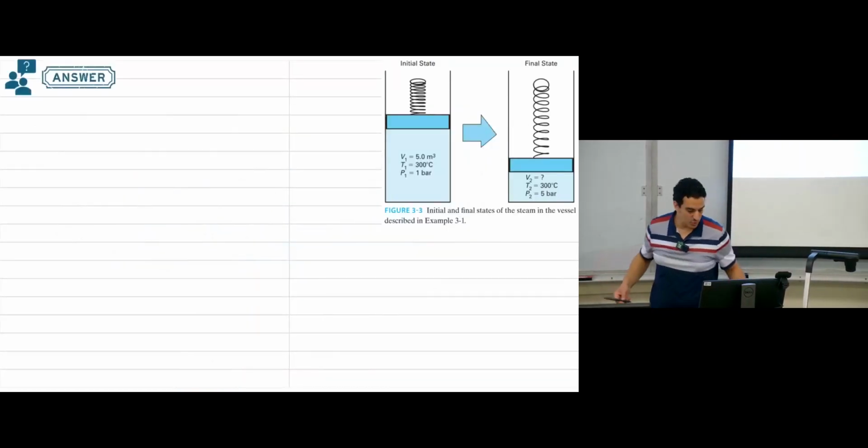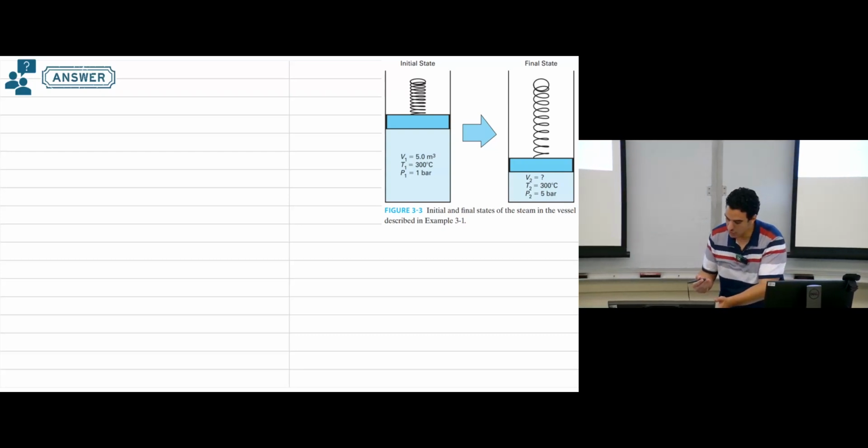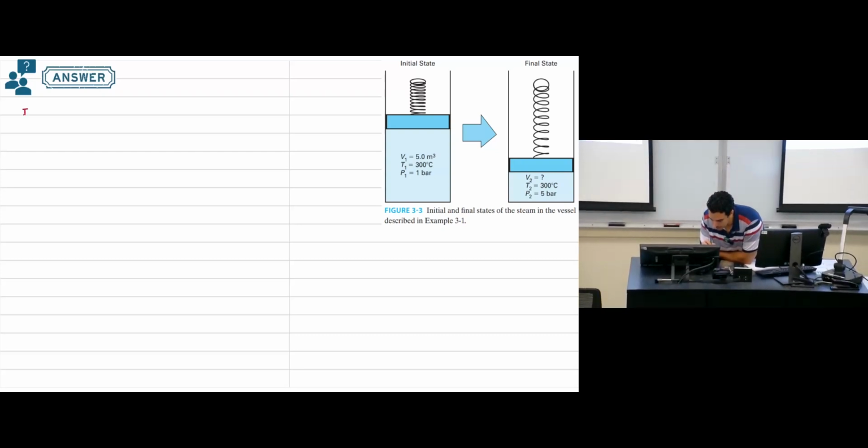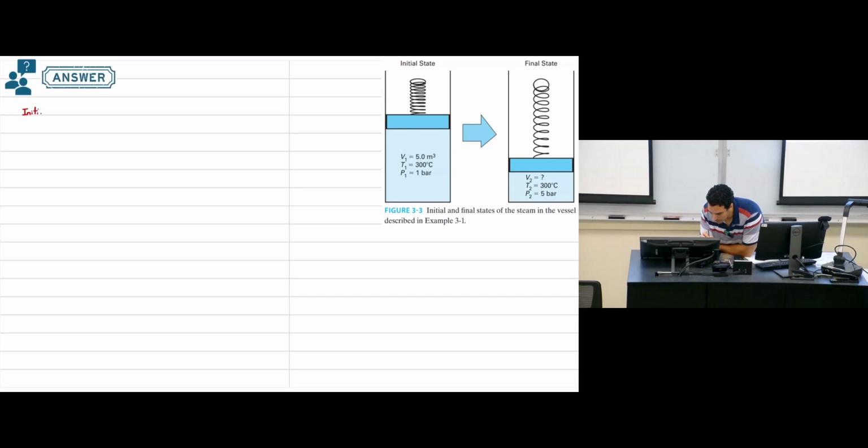So we'll start at the initial condition. Initially I have superheated steam at 1 bar and 300 degrees Celsius.